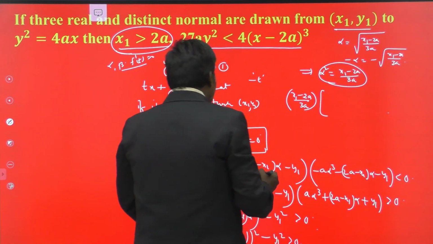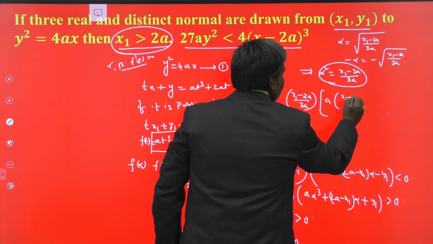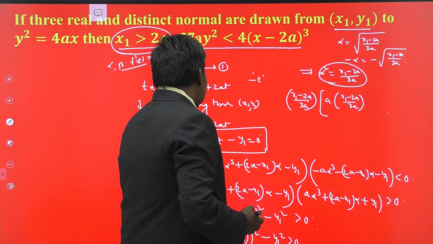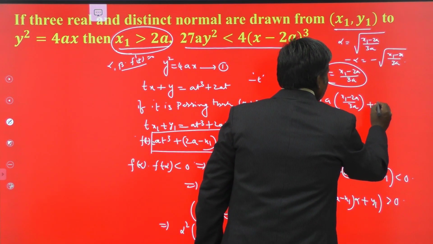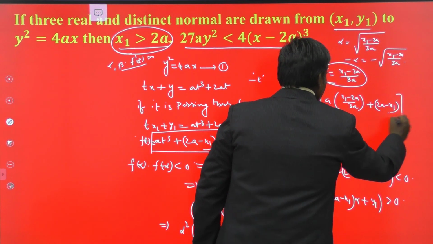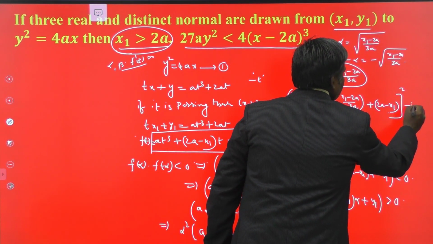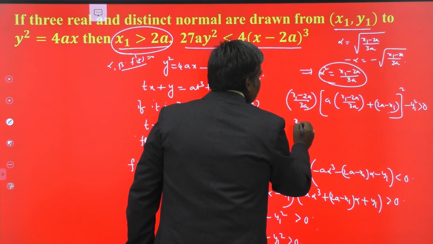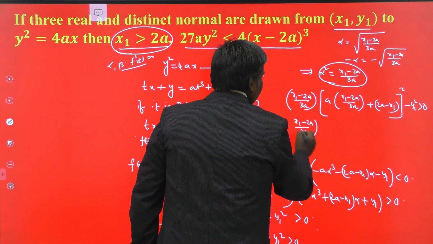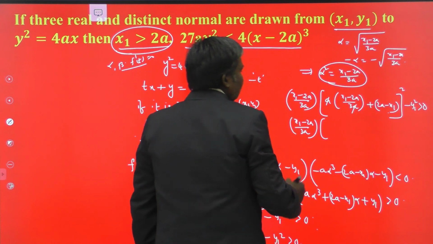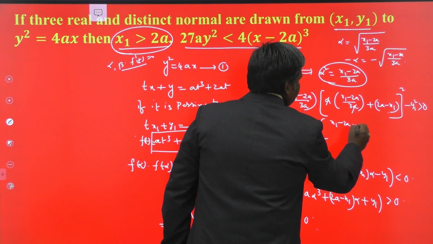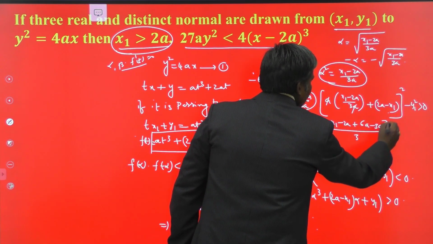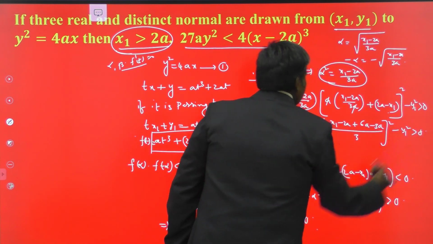into a alpha square. A times of x1 minus 2a by 3a. Okay, a alpha square plus 2a minus x1 whole square minus y1 square. This is greater than 0. So x1 minus 2a by 3a into a gets cancelled here. x1 minus 2a plus 6a minus 3x1 by 3 whole square minus y1 square should be greater than 0.